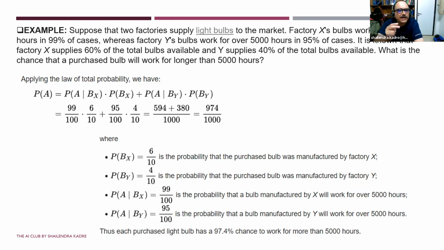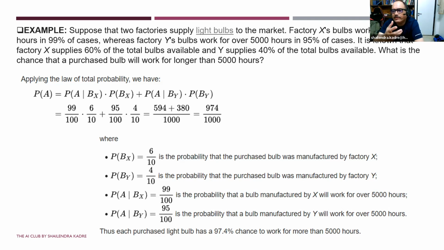What is the chance that a random bulb we purchase from the market will work longer than 5,000 hours? The market has two types of bulb, X factory bulb and Y factory bulb. X factory reliability is 99% and Y factory reliability is 95%.